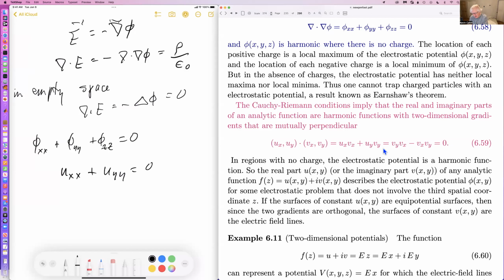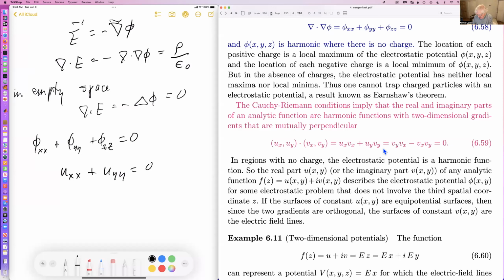And so that's something that's sometimes applied, and if you have this situation, you have infinitely many exact solutions of that kind of problem, because there are infinitely many analytic functions.